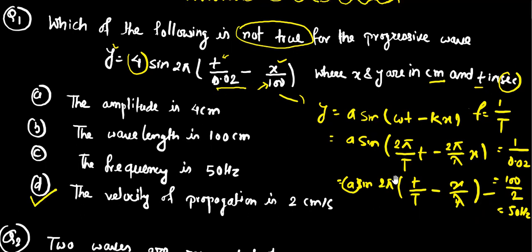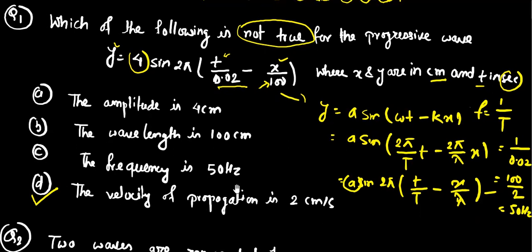We can check whether the wave velocity for this progressive wave is 2 centimeter per second or not, but we have already checked all three parameters. That's why we are sure that option D is the correct option for this particular question.